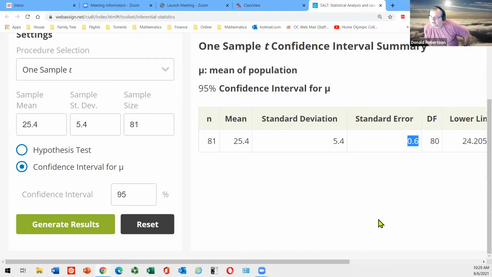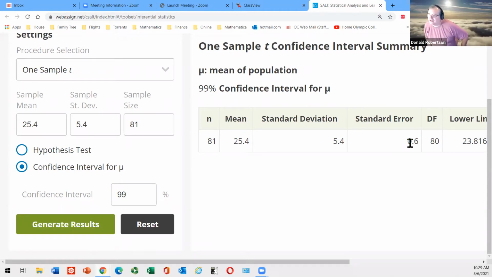Are we cool on that? That you can use SALT just to get the standard error? All you do is pick a confidence interval. If you don't like picking one, use the 95 that's already there. Let's just convince you that that's true. Suppose I change that to 99. Now notice standard error was 0.6. Do you see the standard error is still 0.6?